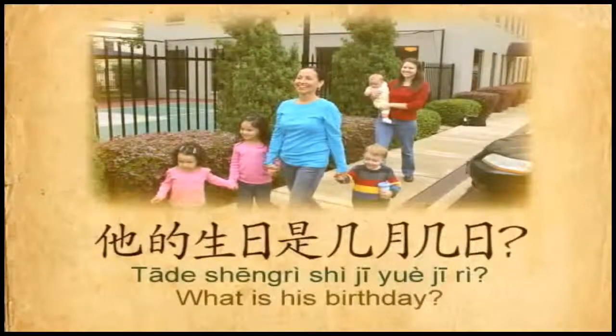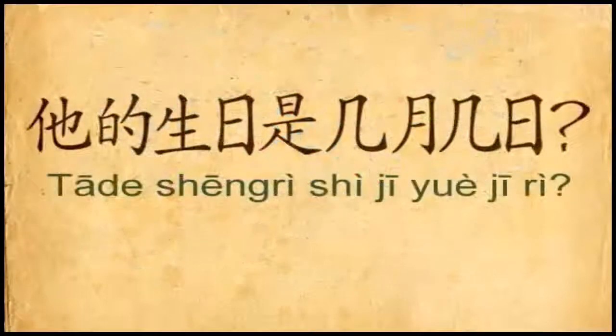We'd like to know the boy's birth date. So we want to ask, what is his birthday? You say, 他的生日是几月几日? Literally, his birthday is how many month, how many day. Listen again. 他的生日是几月几日? Let's practice the first part of the sentence.